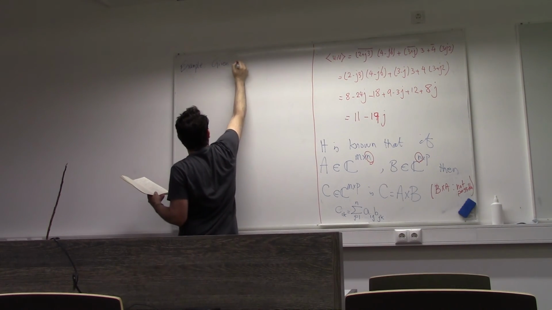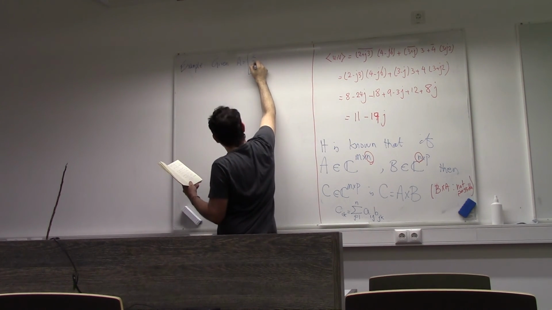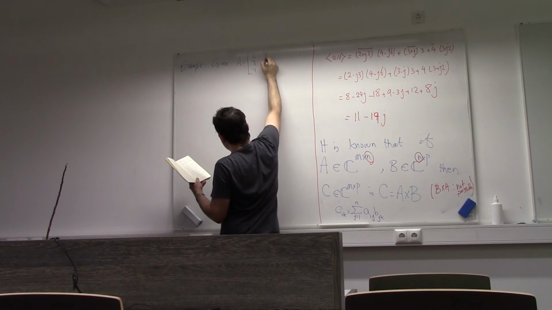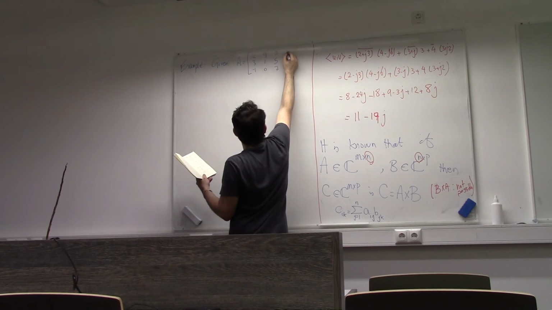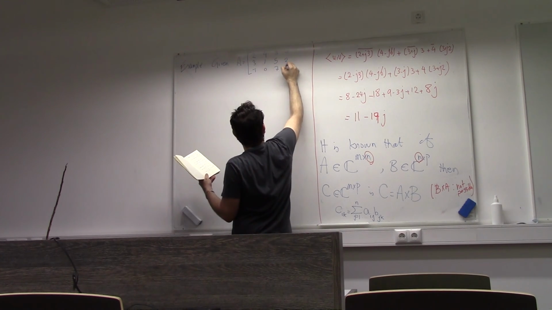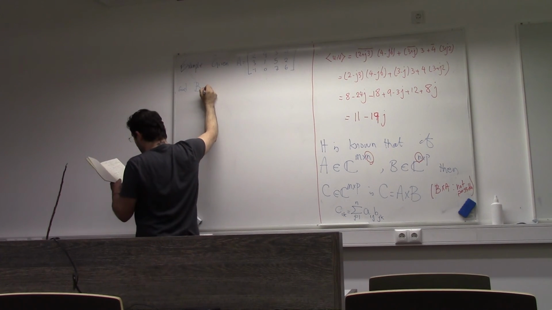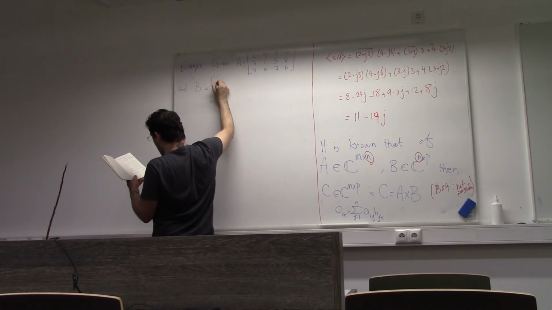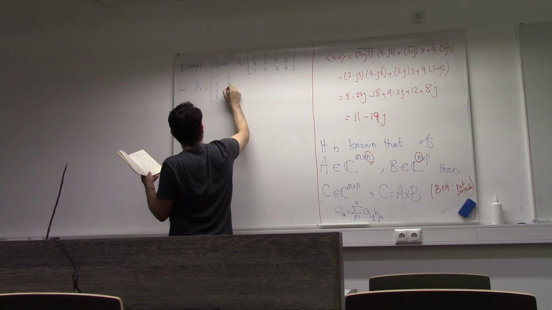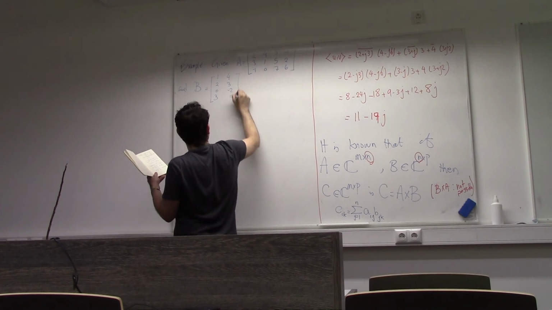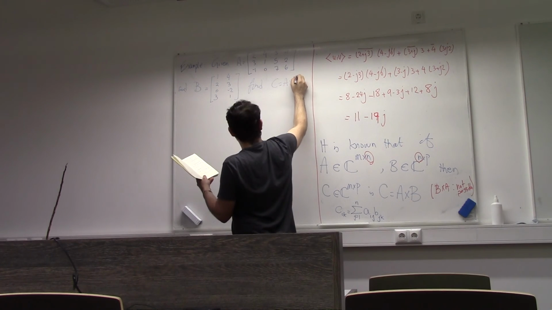Given A is 2, 3, minus 1, 4, 1, 0, 3, 5, 7, minus 1, 2, 6, and B is 1, 2, 0, 3, 4, 3, minus 2, 1. Find C, which is A multiplied by B.